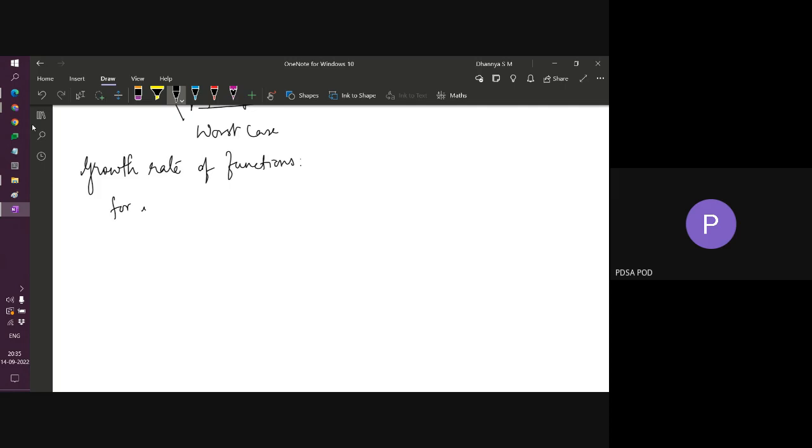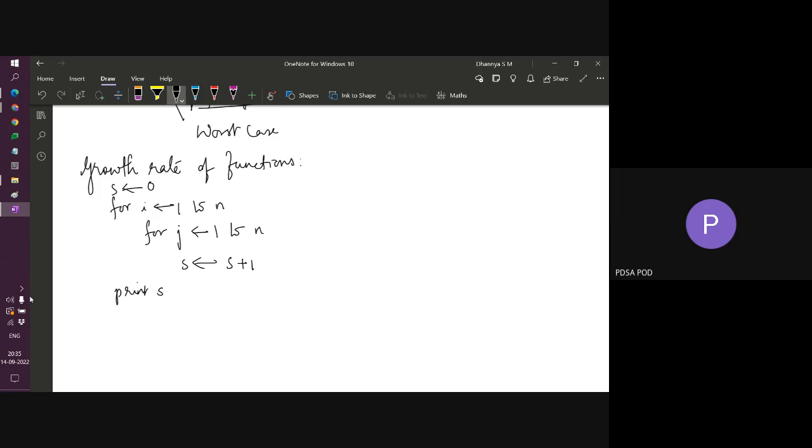I'm just writing some pseudocode. I'm initializing s as 0, for i equal to 1 to n, for j equal to 1 to n, s is assigned s plus 1. Then I want to print s, the sum.